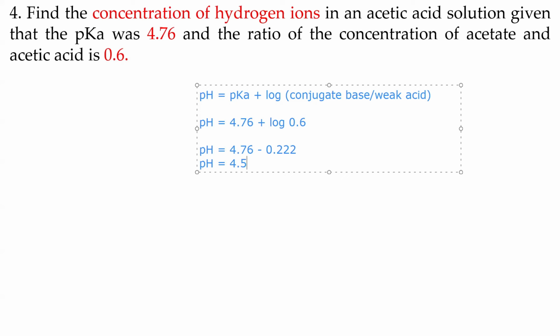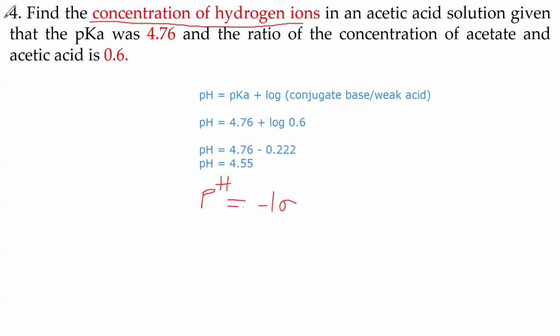Now the question says we are to calculate the hydrogen ion concentration. From the pH, we can easily get the hydrogen ion concentration, since we know that pH is equal to minus log of the hydrogen ion concentration.